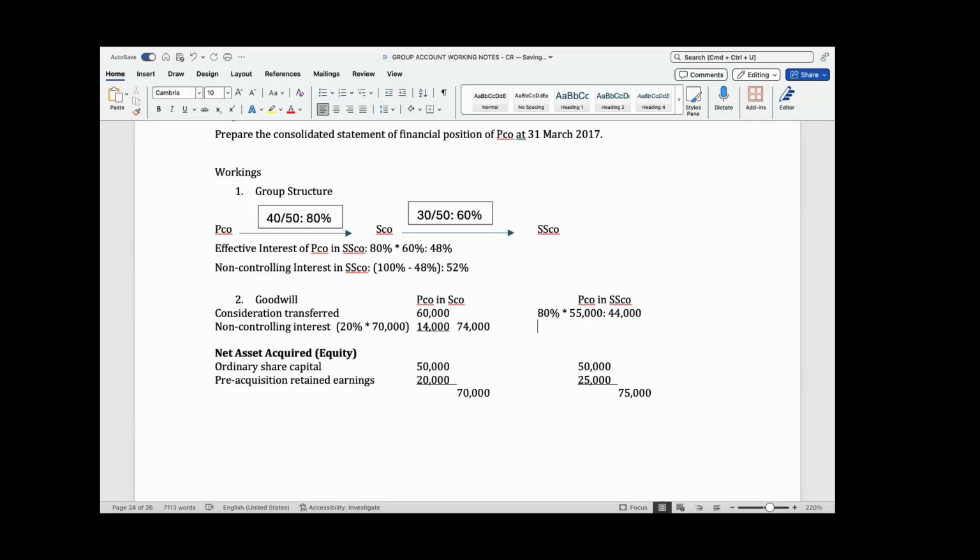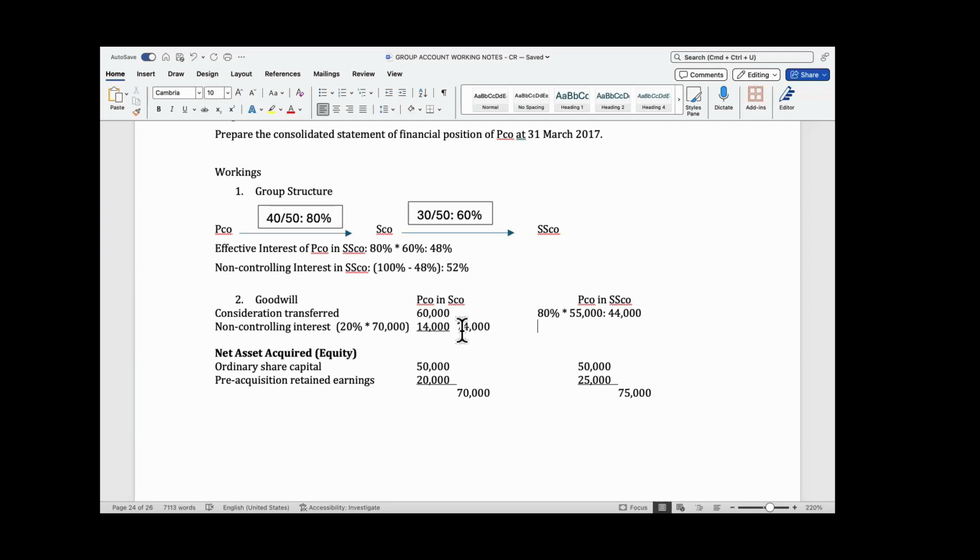Why are we not using 20%? Since we use 80%, why are you not using 20% here? Anybody can answer.